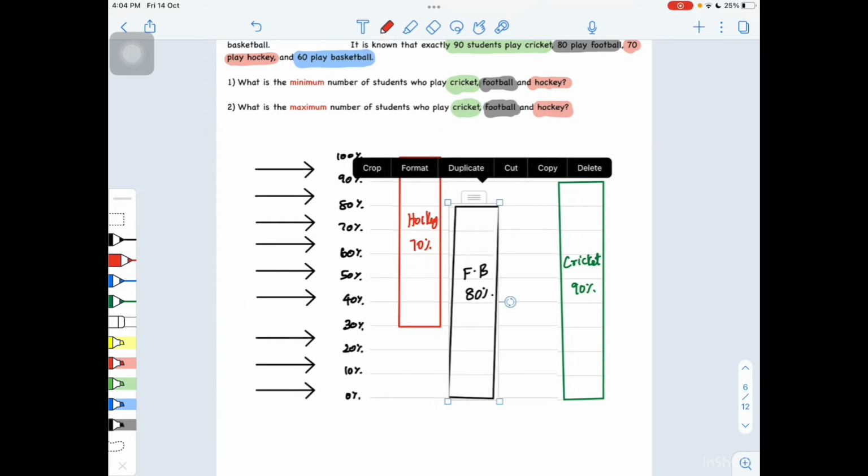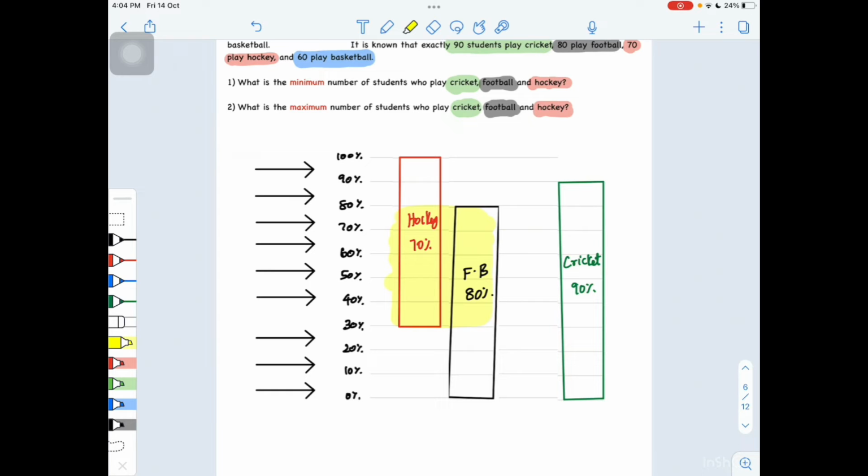Even if I keep the hockey filter to the topmost part, and even if I keep the football filter to the bottommost part, I still have this much overlap. So from 30% to 80%, what is the overlap? I have 50% overlap. I cannot have lesser than 50% overlap between hockey and football. So this is the minimum most overlap between hockey and football.